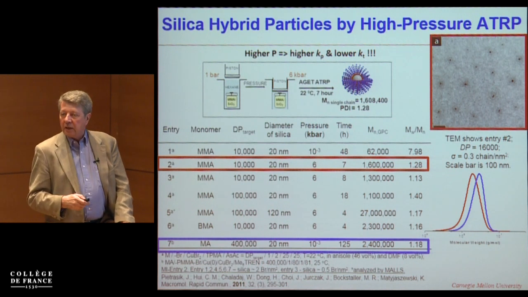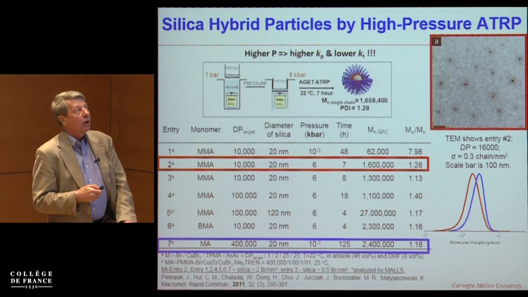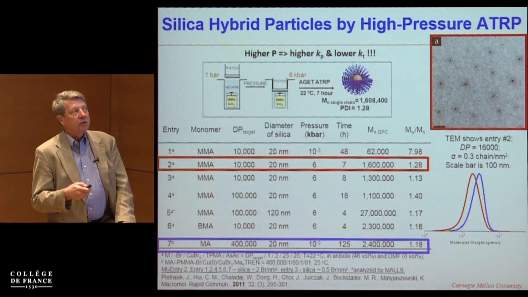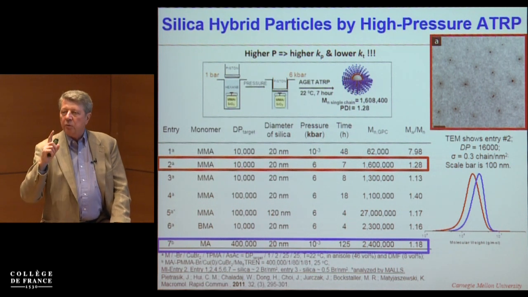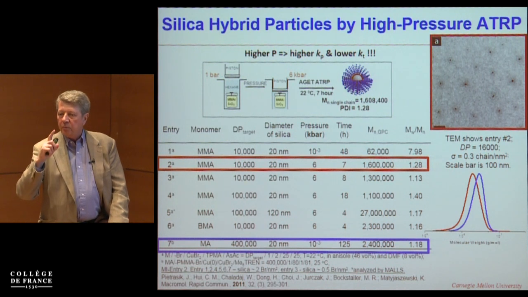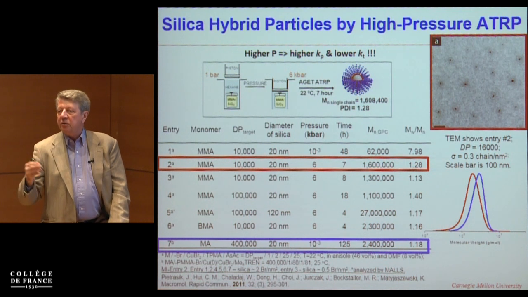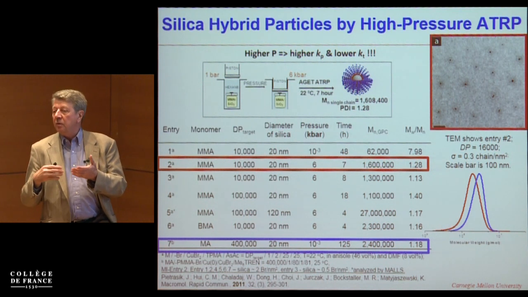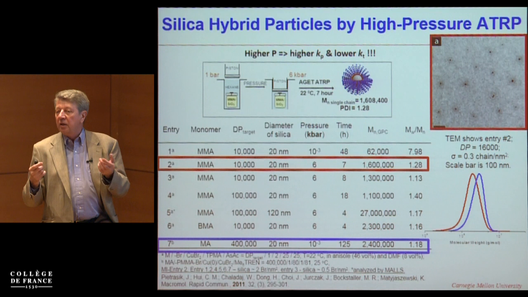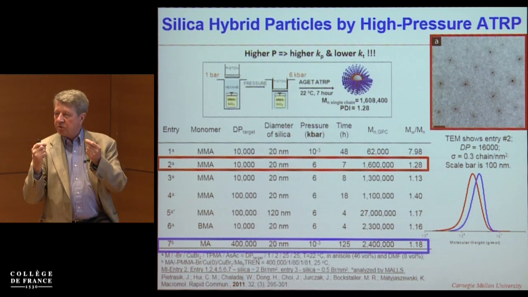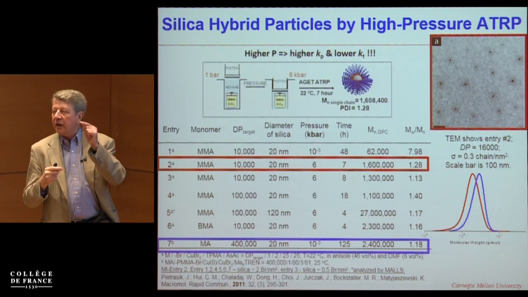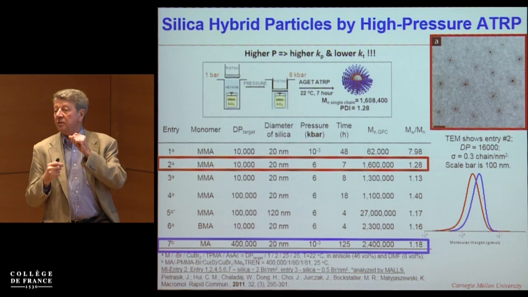So if I go to relatively high pressure, in that case 1 kilobar, approximately 1,000 atmospheres, this is 6 kilobars, 1 kilobar will give you a factor of 2 better kp to kt ratio. If I go to 6 kilobar, it would be a kp to kt ratio larger by a factor of 100. So the proportion of terminated chains will be 100 by 100 times lower, so 10,000 times.